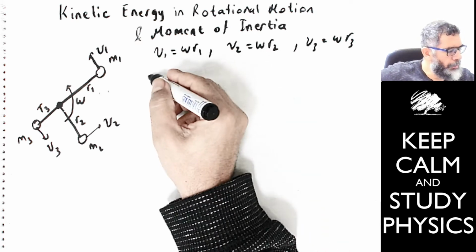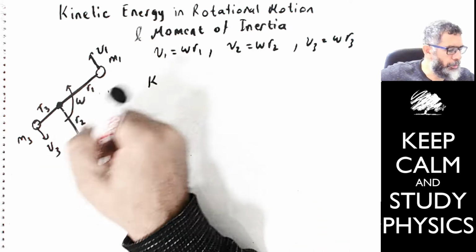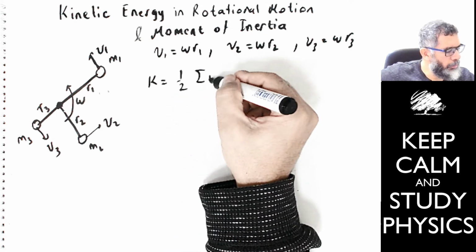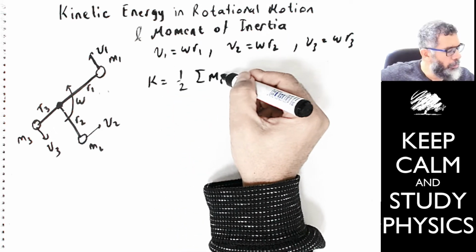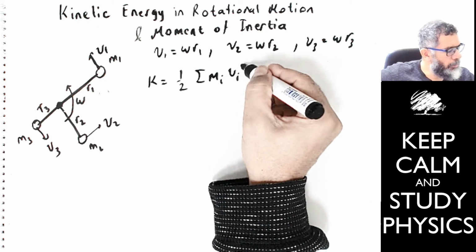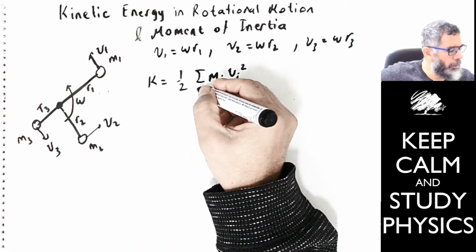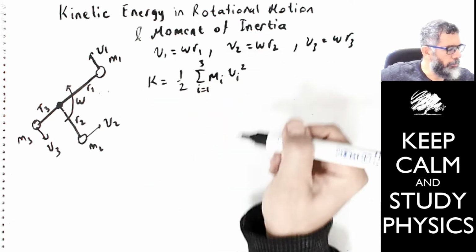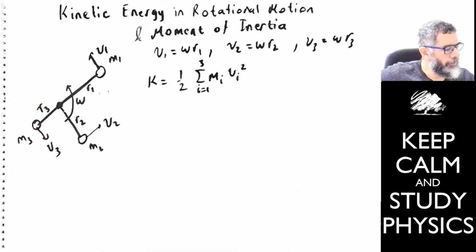So when you express the total kinetic energy for the system, it is just 1/2 times the sum over all masses multiplied by their velocity squared, right? And of course, i runs from 1 to 3 because we have three masses.